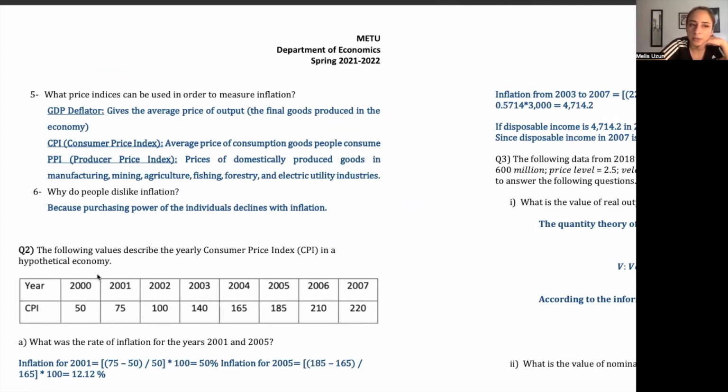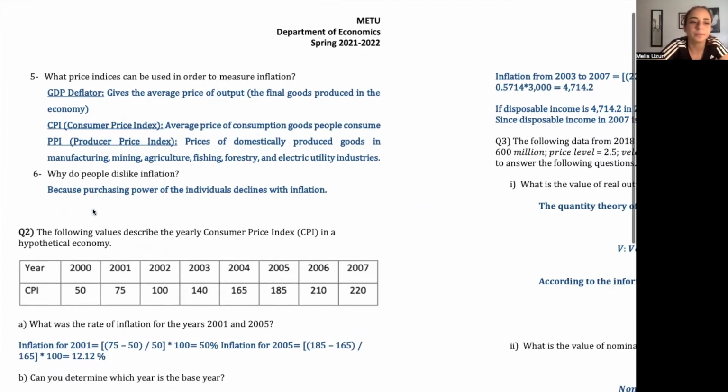We will again use the CPI to calculate inflation in the second question. But if you don't remember, you can check problem set 7. Why do people dislike inflation? Because when there's inflation, your purchasing power declines.